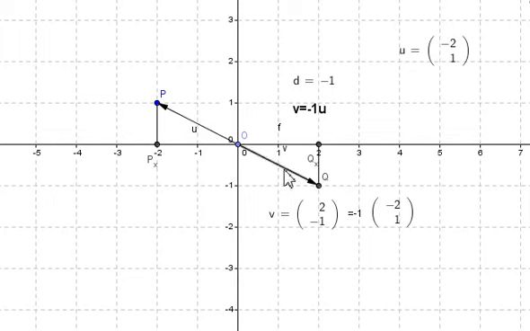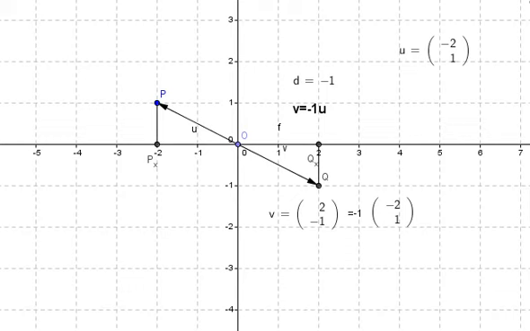And you can see that here the x-coordinate of Q is positive, which we obtain by multiplying the first coordinate of P, of vector u, by a negative number, by -1.